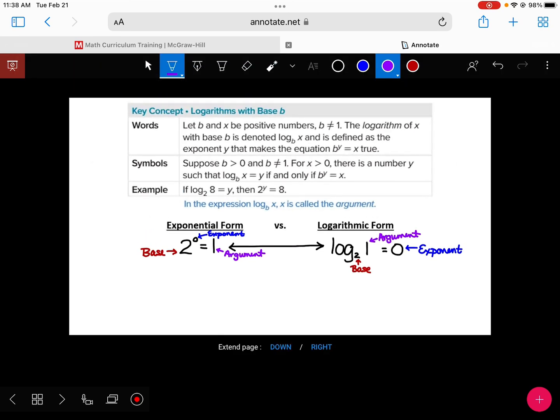So far, so good? Right. We're going to write just a couple more things in both forms, and then we're going to practice going from one form to the other.